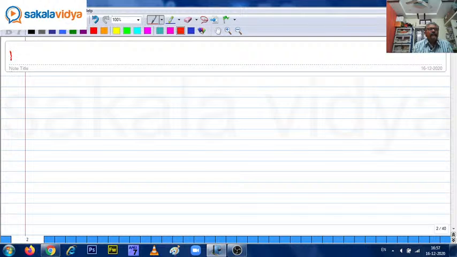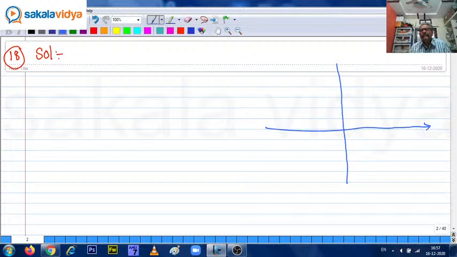18 solution. First you take the coordinate axis, this is the origin. This will be y is equal to 2 power x. Now this is y is equal to log x to the base e.